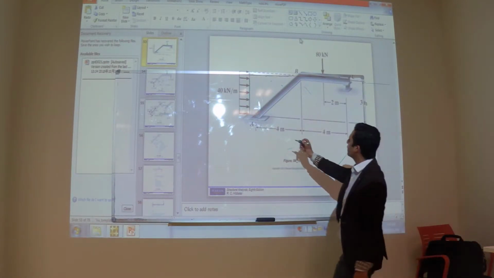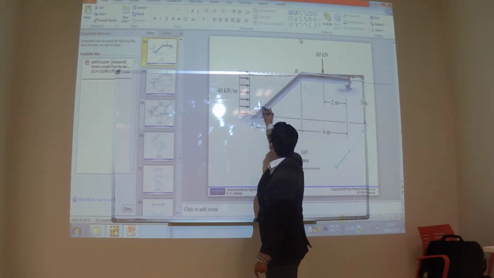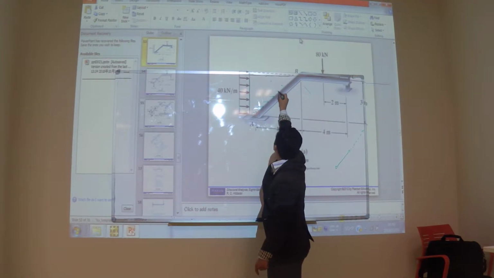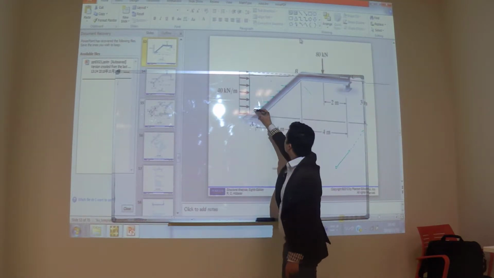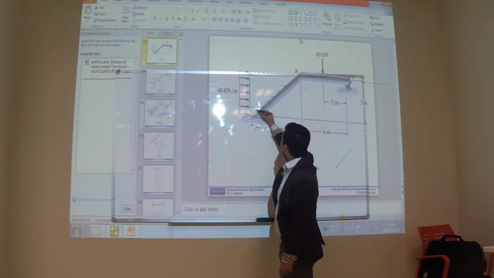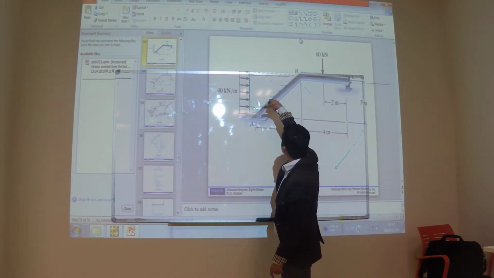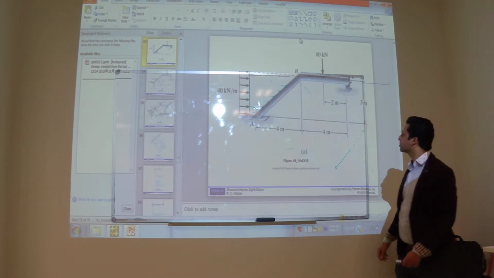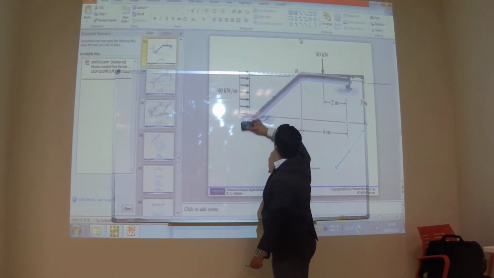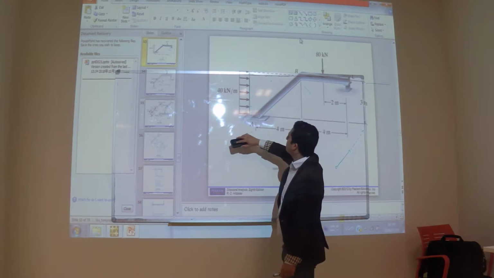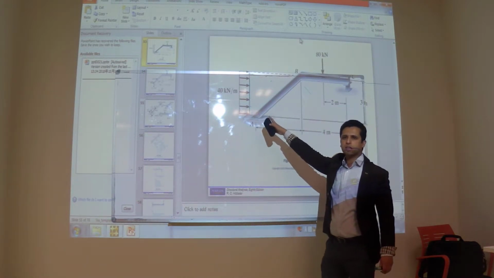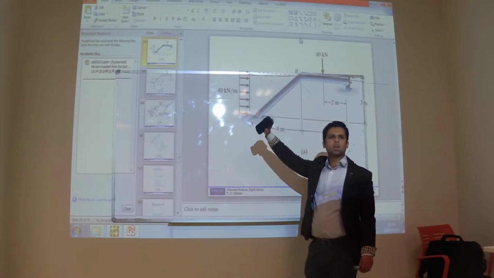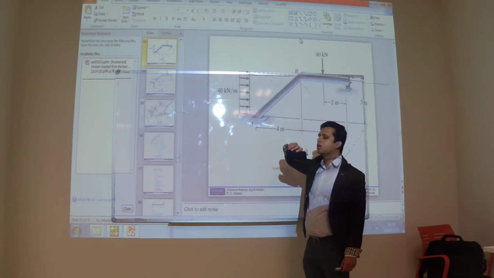So in the same way, you can consider this load something like this. How do we convert it? By cosine. You should know this angle, and from this angle you can take the cosine and convert it. Will it be the same 40? No, it will be different depending upon this angle, because of unit length.